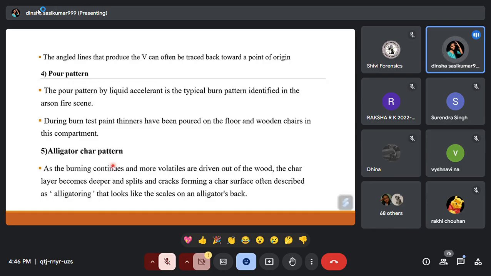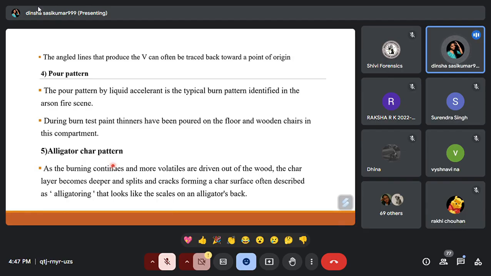The fifth one is the alligator char pattern. As the name indicates, it means patterns which are like the scales of an alligator. As the burning continues and more volatiles are driven out of the wood, the char layer becomes deeper, and splits and cracks form in the charred surface, resembling the scales or skin of an alligator.